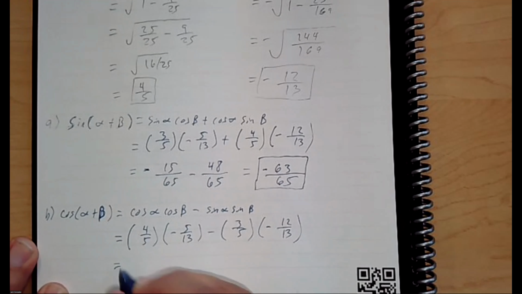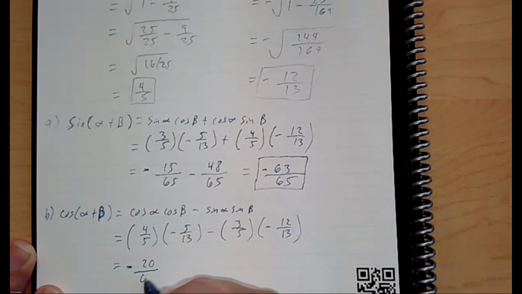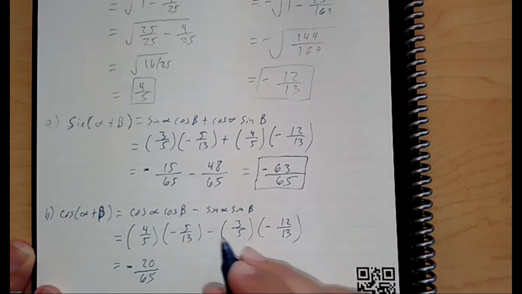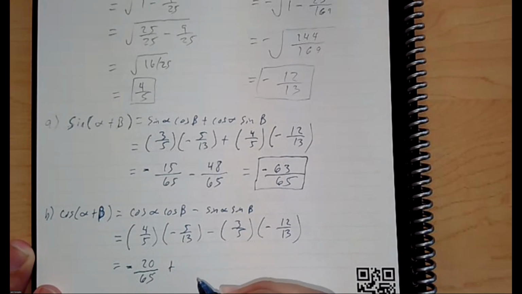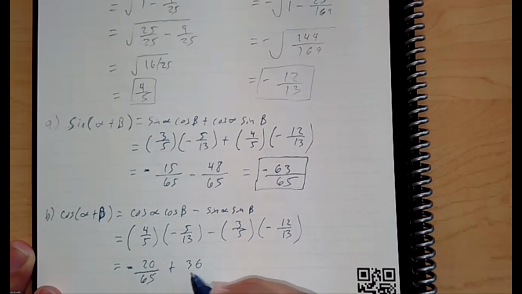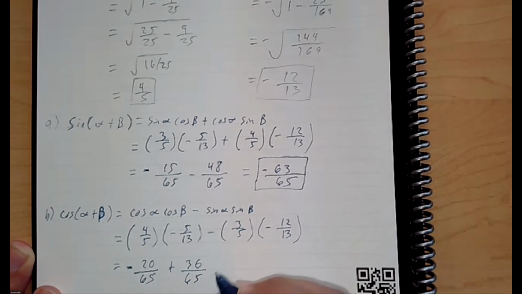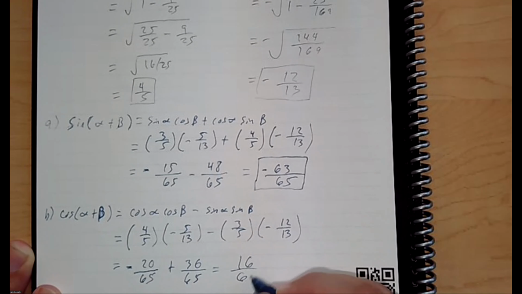So this will be -20/65 minus 36/65, which is -56/65.